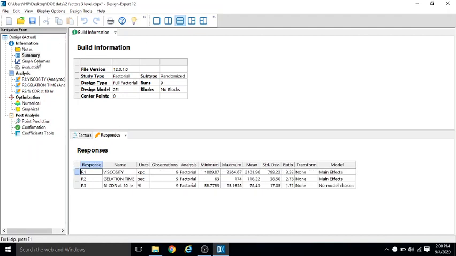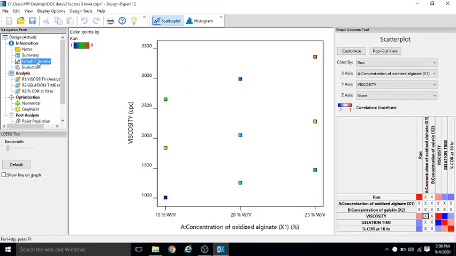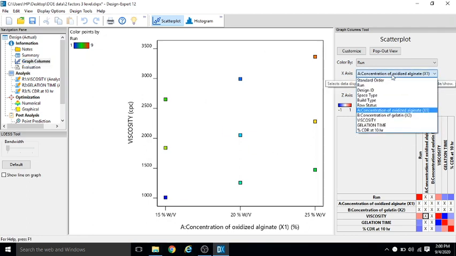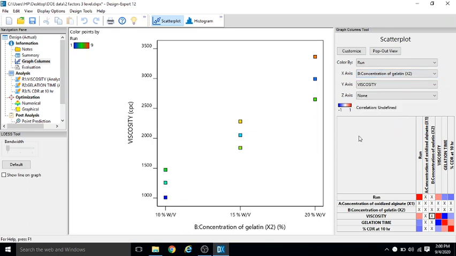And then step by step, if you click on the graph column, here you can see the y-axis contains viscosity. You can see that the points are uniformly distributed. If you take the second factor, that is concentration of gelatin, here you can see that the pattern is slightly different compared to the concentration of oxidized alginate.